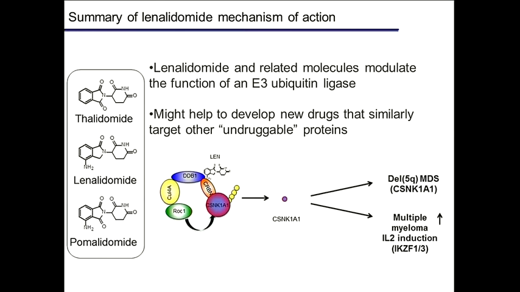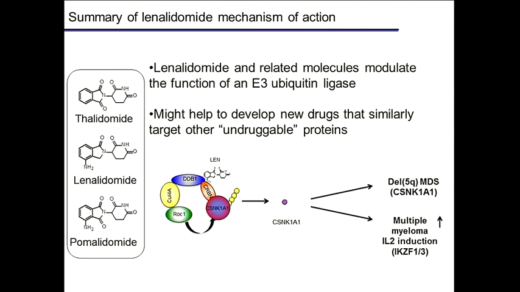And these are the first molecules that modulate the function of an E3 ubiquitin ligase, or at least the first drugs. And we've got early data now that modifying this molecule further will lead to degradation of different substrates, and that there may be a potential now to make new drugs that modulate ubiquitin ligases in different ways.